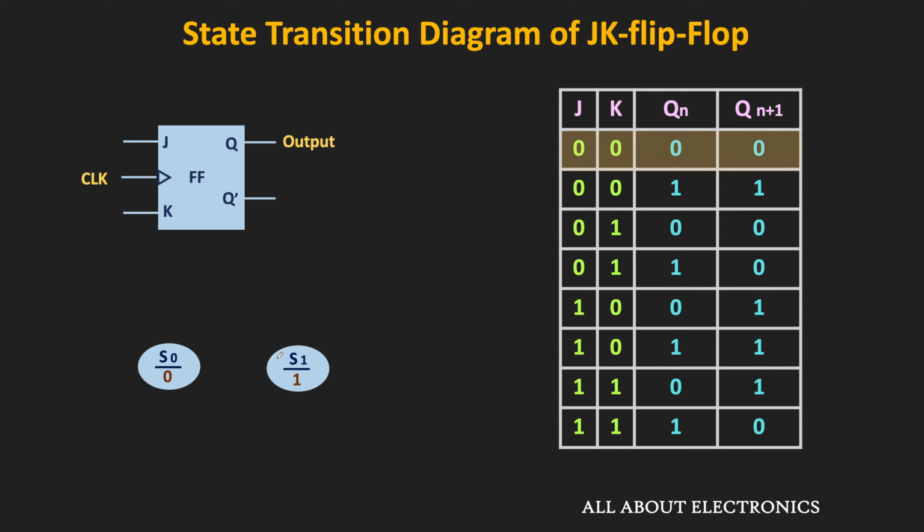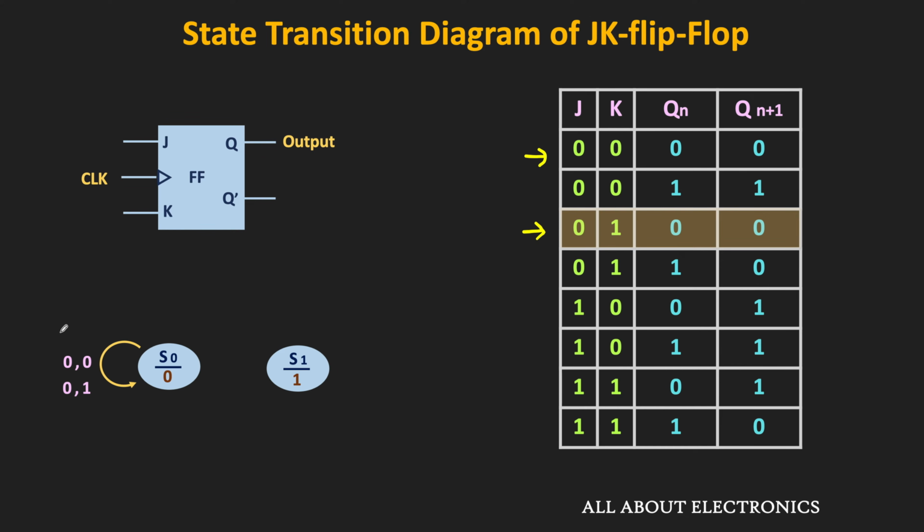So currently, let's say the flip-flop is in S0 state. In this state, if both J and K inputs are 0, then the flip-flop will remain in the same state. So here, the first input value represents the J input, but the second value represents the K input. Similarly, when J is 0 and K is 1, then also the flip-flop will remain in the same state.